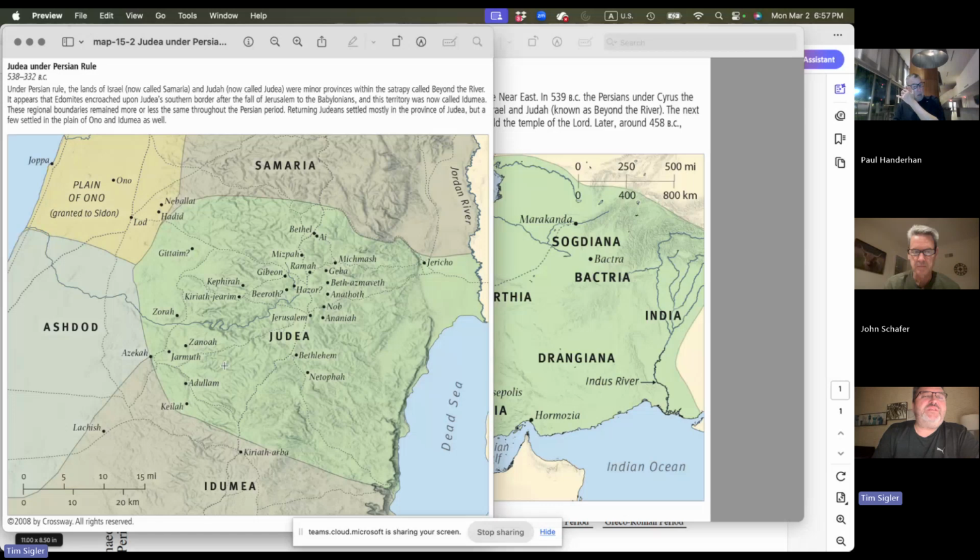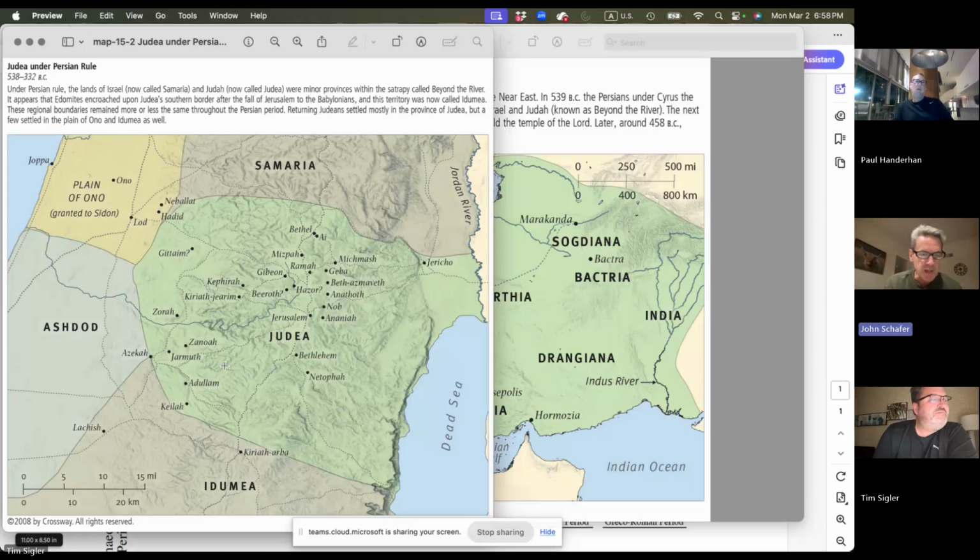Hey, would one of you read this paragraph describing Judea under Persian rule? And notice the dates, because it's right up until Alexander the Great. So this is Persian rule. Under Persian rule, the lands of Israel, now called Samaria, and Judah, now called Judea, were minor provinces within the satrapy called Beyond the River.